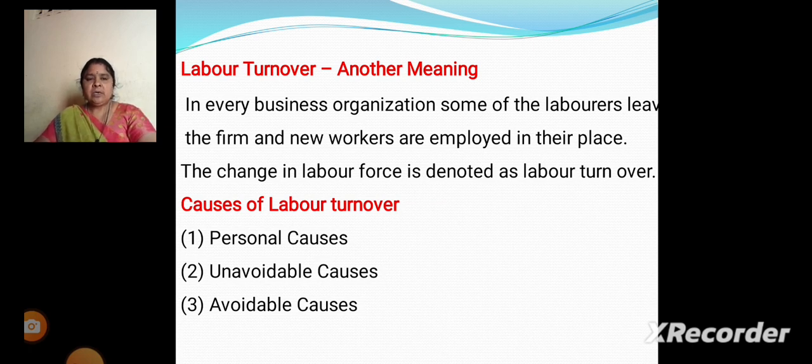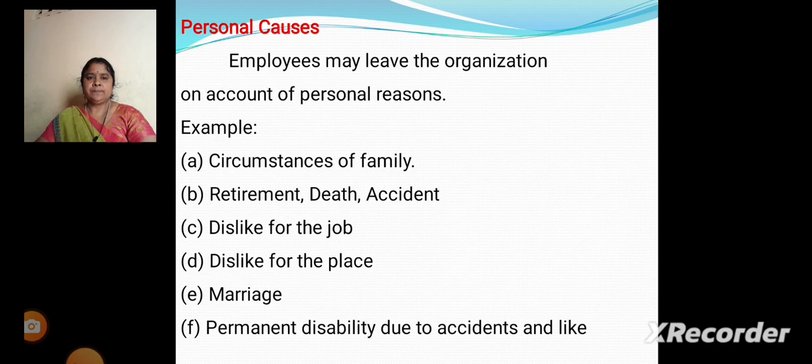Next one is causes of labor turnover. There are three causes of labor turnover. First one is personal causes. Second one is unavoidable causes. Third one, avoidable causes. First one is personal causes. Some of the employees may leave the organization on account of personal reasons.